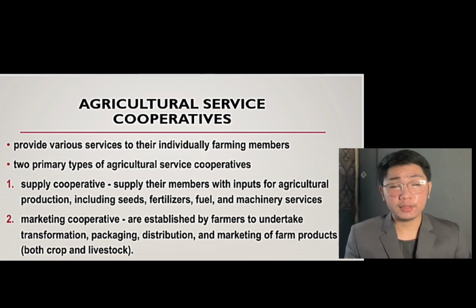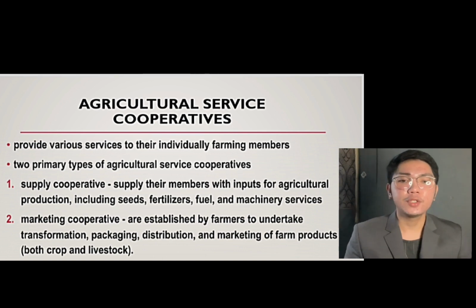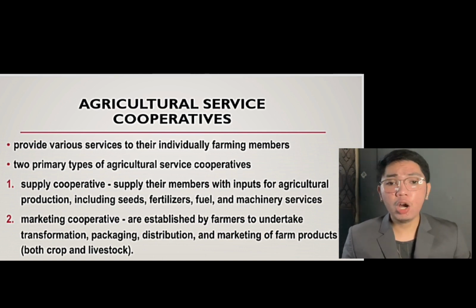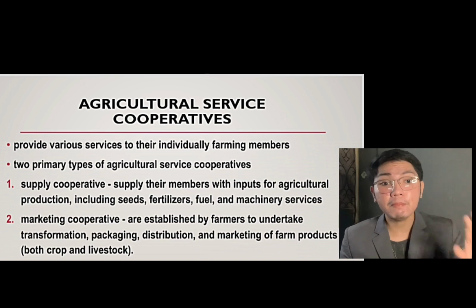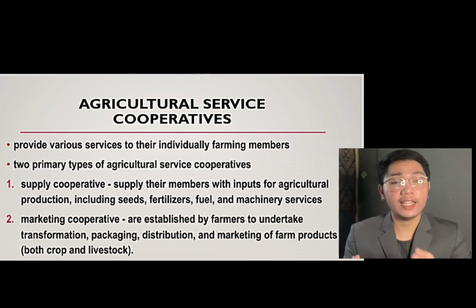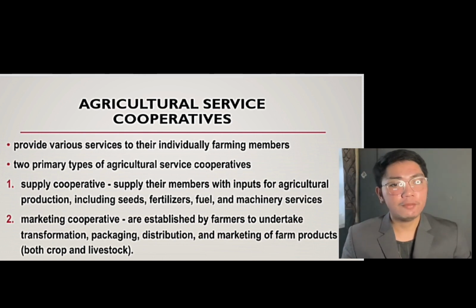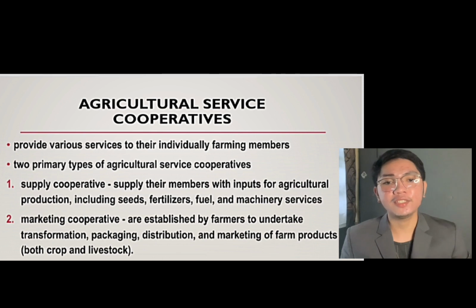Let us first identify what are supply cooperatives. Supply cooperatives supply their members with inputs for agricultural production, including seeds, fertilizer, fuels, machinery, and services.